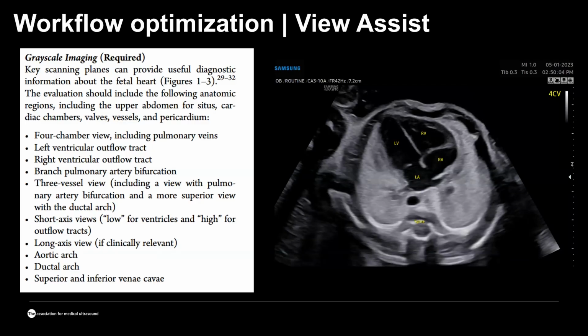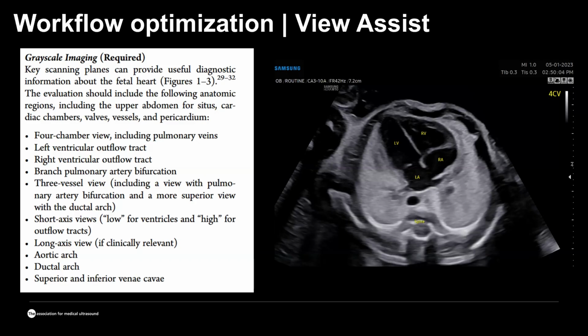But ideally, they all need to be labeled. And it would also be very helpful to label all the anatomical landmarks to ensure the quality of each view. So here you have the personal assistant that is called View Assist, that basically helps automatically label the view and all the anatomical landmarks.